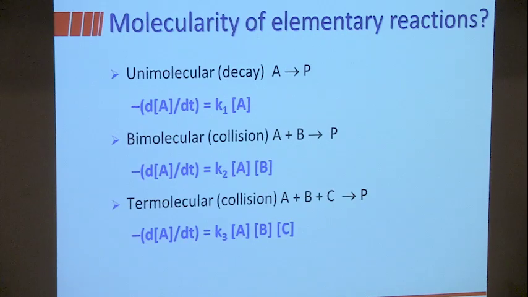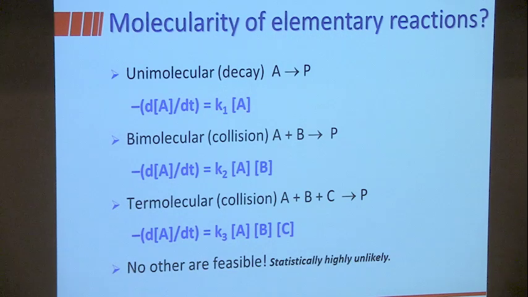And termolecular, A plus B plus C giving us products, the rate is equal to the third order rate constant times the concentrations of each of the species raised to the power of 1. And again, you could have 3A here, or 2A plus B, or whatever, as a termolecular.